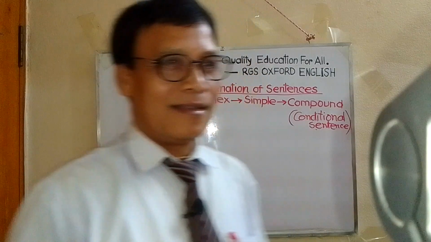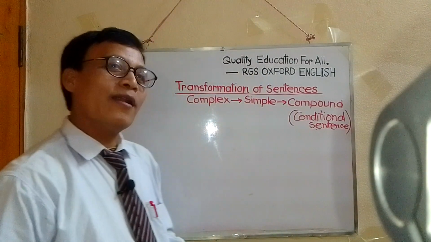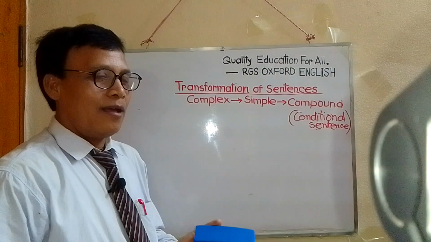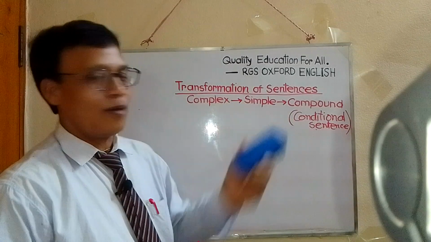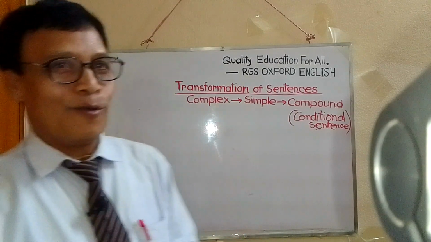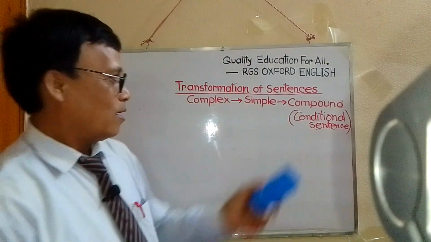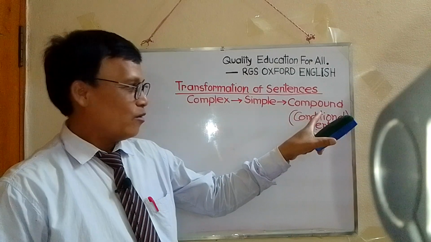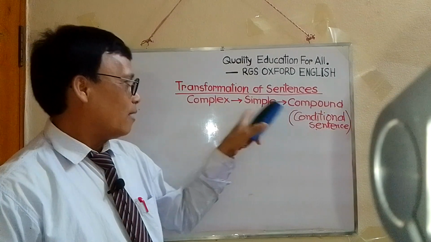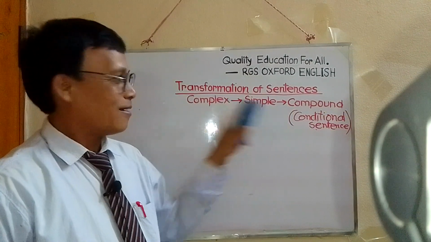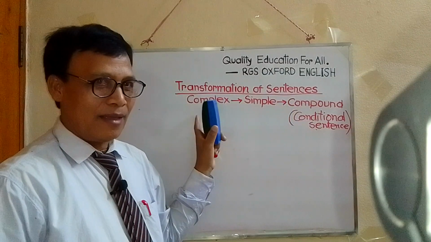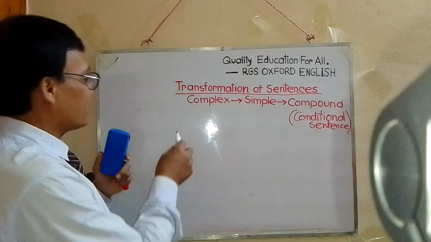And this is why I'm here. Now let's start. You see here complex, simple, and compound. But now I would like to show you some tips for compound, simple, and complex.